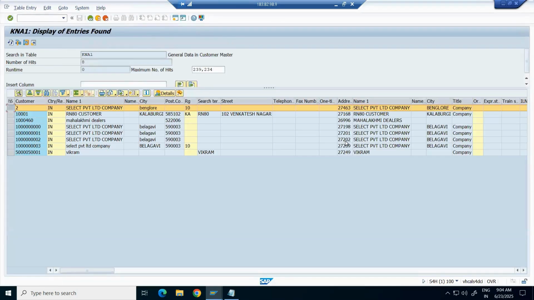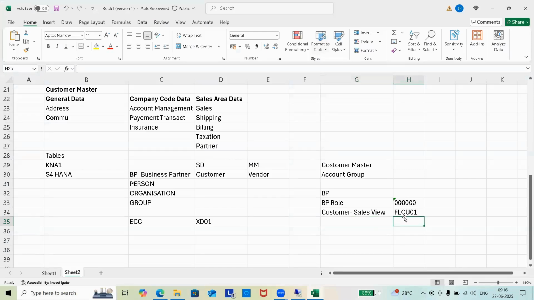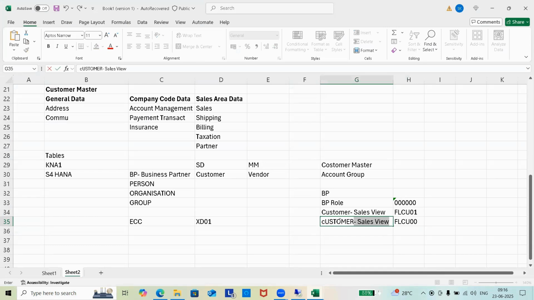This is again for the customer, but this will be called an FI customer, or this particular role will contain the company code view information. Company code information. But the other one is sales.